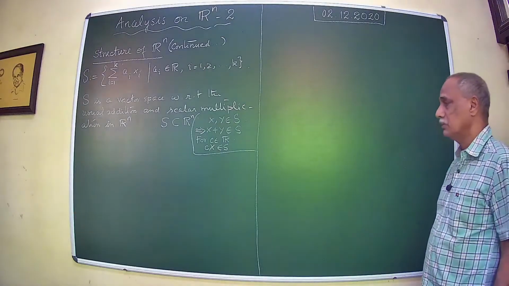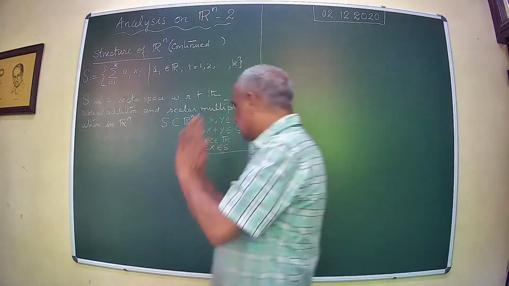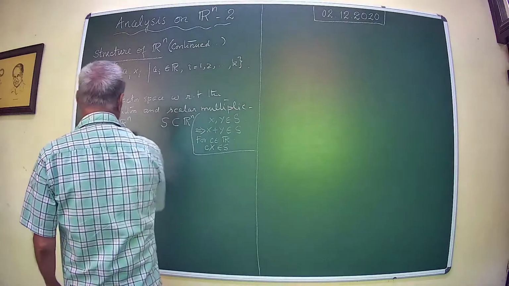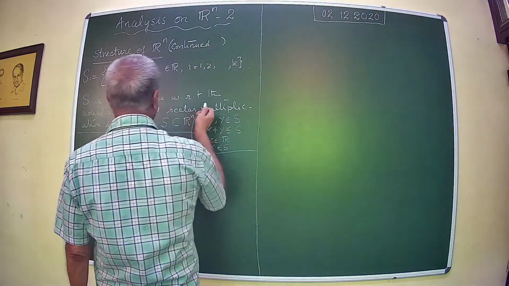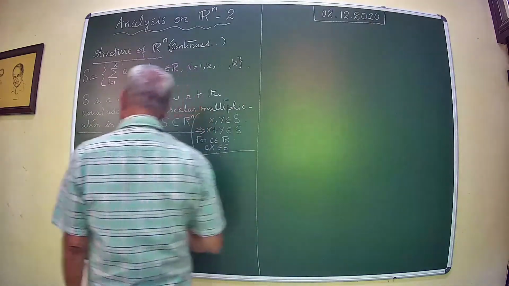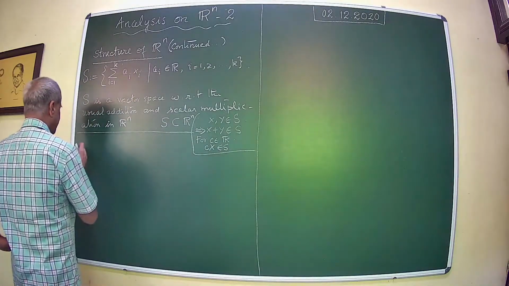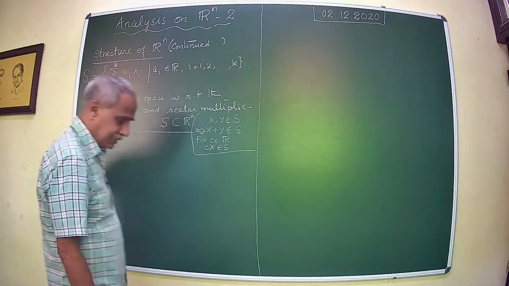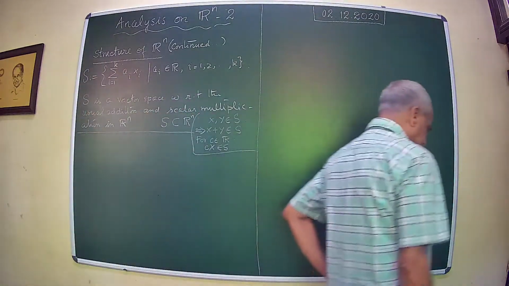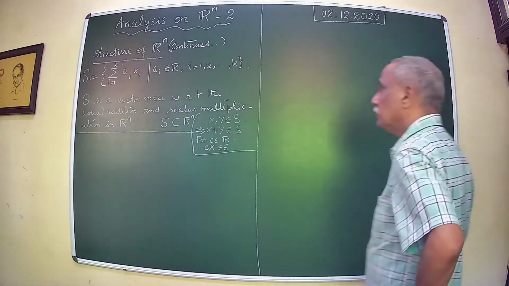Okay. Now we extend this notion further. So here we had started with x1, x2, etc. Now we extend this further. So we start with some non-empty subset of Rn.